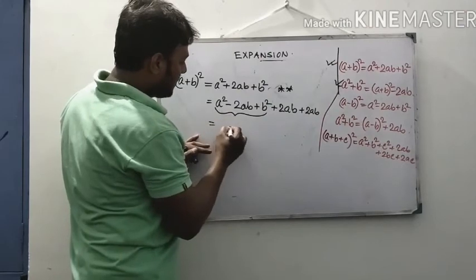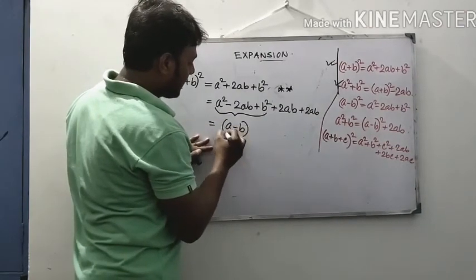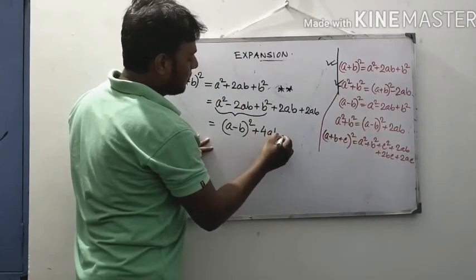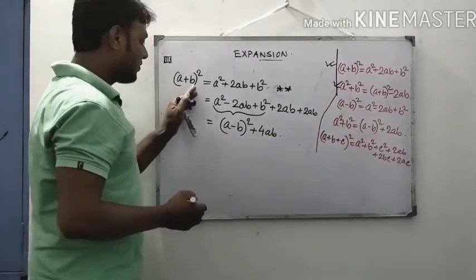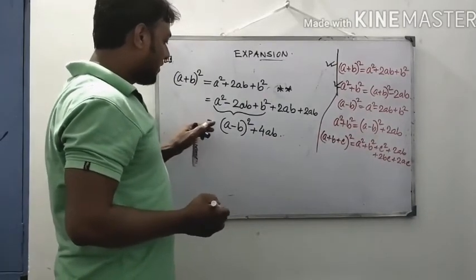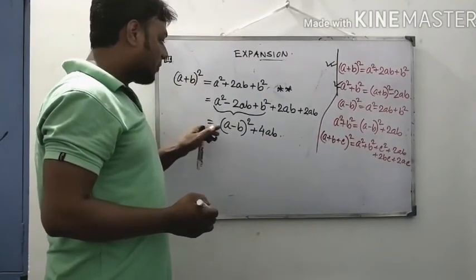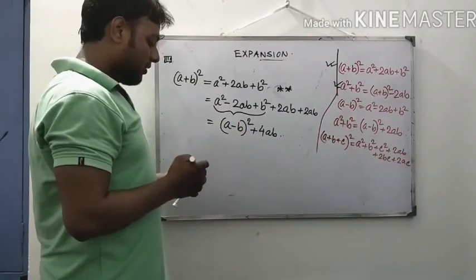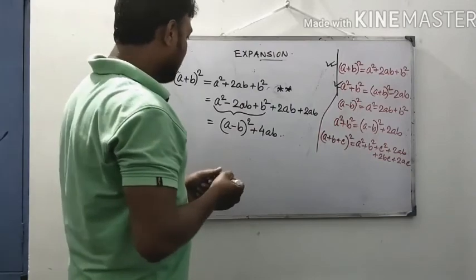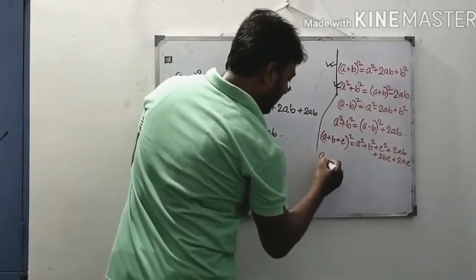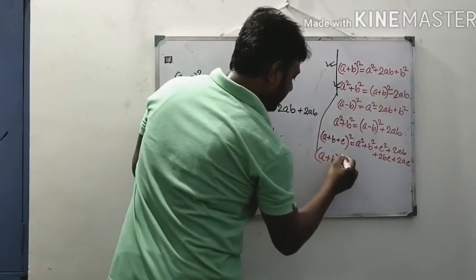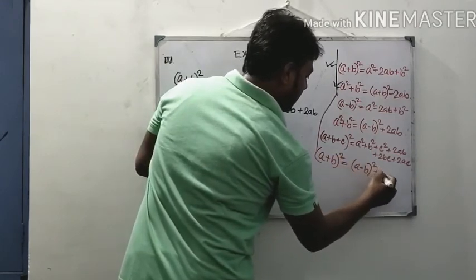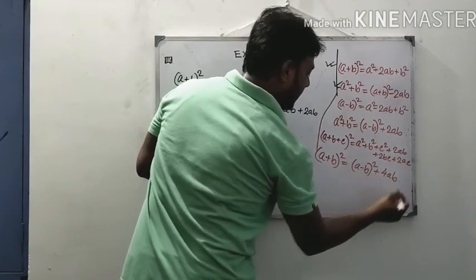Up to this term, this is (a - b)², and if we simplify these two, then this is 4ab. So this is also an important result: if we express (a + b)² in terms of a - b, then we get (a + b)² = (a - b)² + 4ab, and you have to memorize this.